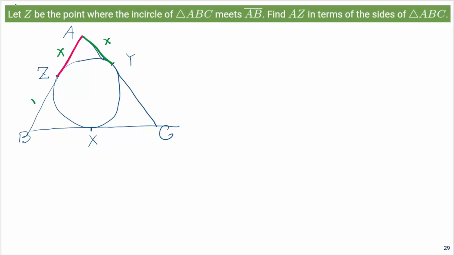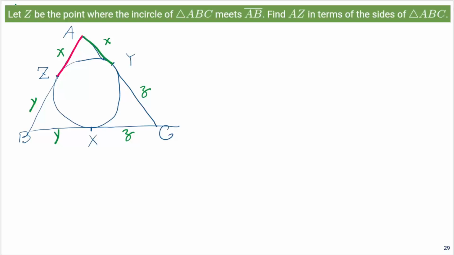And if we label BZ equals Y, then we know this length BX is also Y. YC, if we label that as Z, then XC also equals Z, right? Sorry, Z, not C.